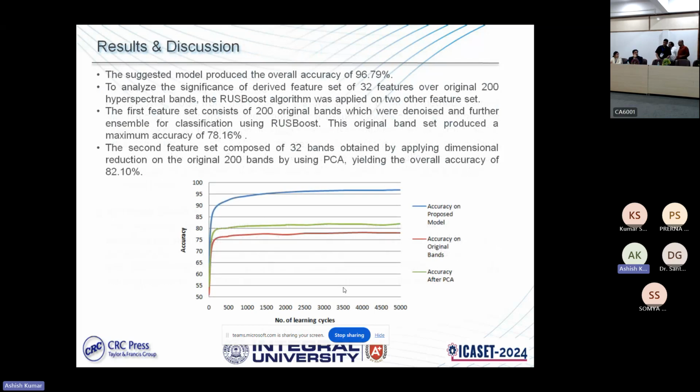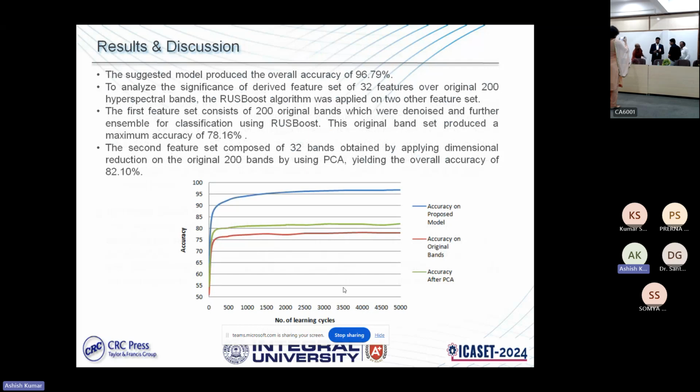This is the resultant discussion slide, and the proposed model has 96.78% accuracy. To analyze the significance of the derived feature set of 32 features over the original 200 hyperspectral bands, the RUSBoost algorithm was applied on 2 other feature sets. The first feature set consists of 200 original bands, which were denoised and further assembled for classification using RUSBoost.